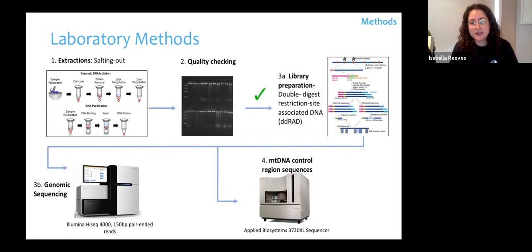If it passed the quality checking, we then prepared the genomic data by using a double digest restriction site associated DNA approach. This library was then sequenced on an Illumina HiSeq machine. Now, with these same DNA extractions, we also sequenced the mitochondrial control regions using an Applied Biosystems sequencer machine.